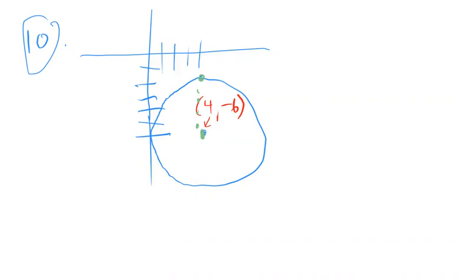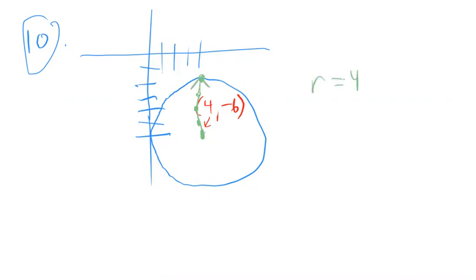So if I count how many dots there are between the middle and the top edge of the circle, that's 1, 2, 3, 4. That's a distance of 4. So the radius equals 4.